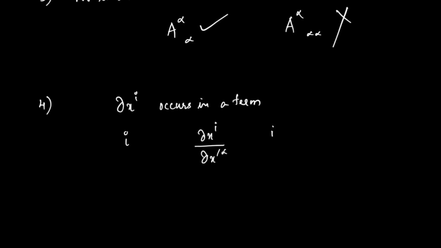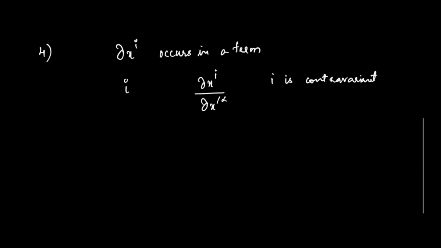Then i is contravariant. And if it occurs in the denominator, it has to be regarded as covariant. For example, if it occurs like this, here i is covariant.